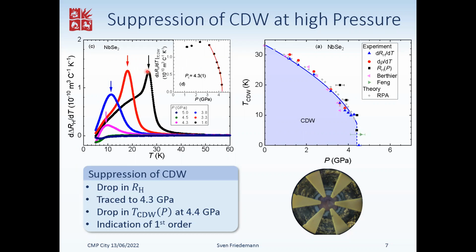We observe that there is a big peak in the derivative of the Hall coefficient, and as the charge density wave is associated with this change of the Fermi surface, it's natural to associate the largest magnitude in the derivative of the Hall coefficient with the strongest change of the Fermi surface, and hence with the charge density wave transition temperature. And we can indeed follow this here, and I've added points from the Hall coefficient here as blue triangles, as well as those signatures that we've observed in resistivity, to this phase diagram.